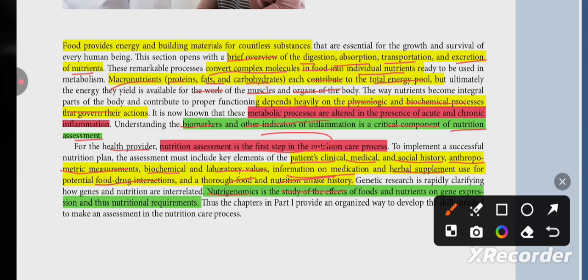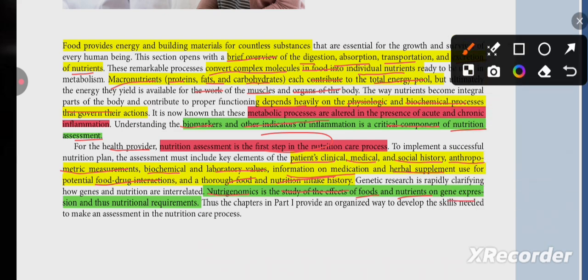It is the study of the effect of food and nutrients, how these two affect gene expression and nutritional requirements, how food and nutrition affect our genes. Thus this chapter in Part 1 provides an organized way to develop the skills needed to make an assessment in the nutrition care process.